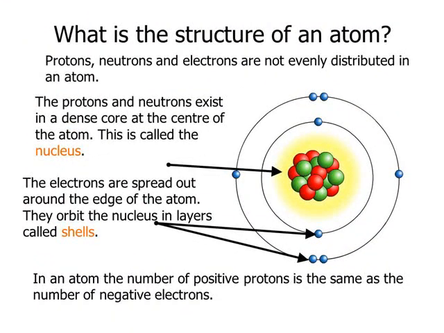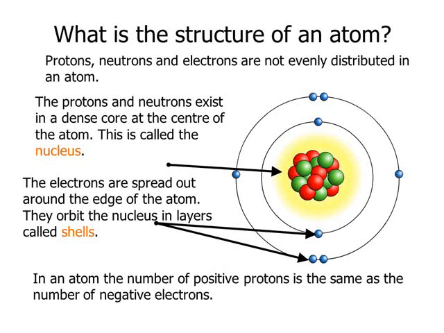Hi students, this is another slide which explains the same concept you have learned in the previous one. What is the structure of an atom? Protons, neutrons and electrons are not evenly distributed in an atom. That's what you are going to see. We have seen that there are three subatomic particles, protons, neutrons and electrons, but they are not evenly distributed in the atom.